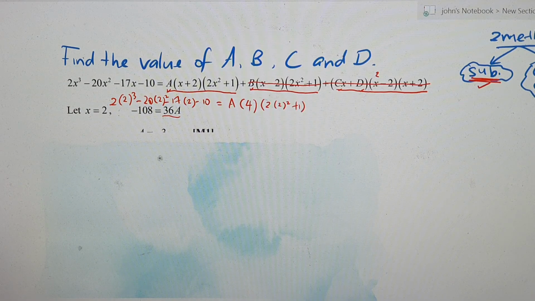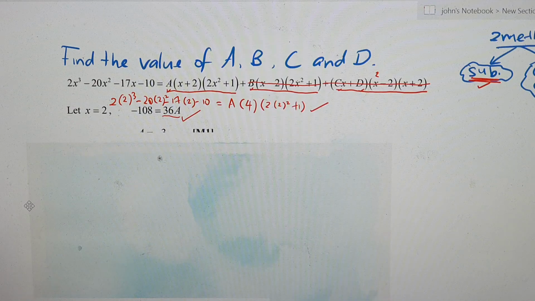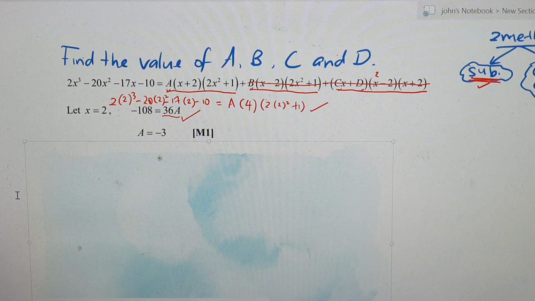Okay, no need to show all this. So you just need to show this, and then you calculate correctly using the calculator, and then you get this, and you get the answer as 3. So that's how you use this substitution method to find the value of A, which is minus 3.